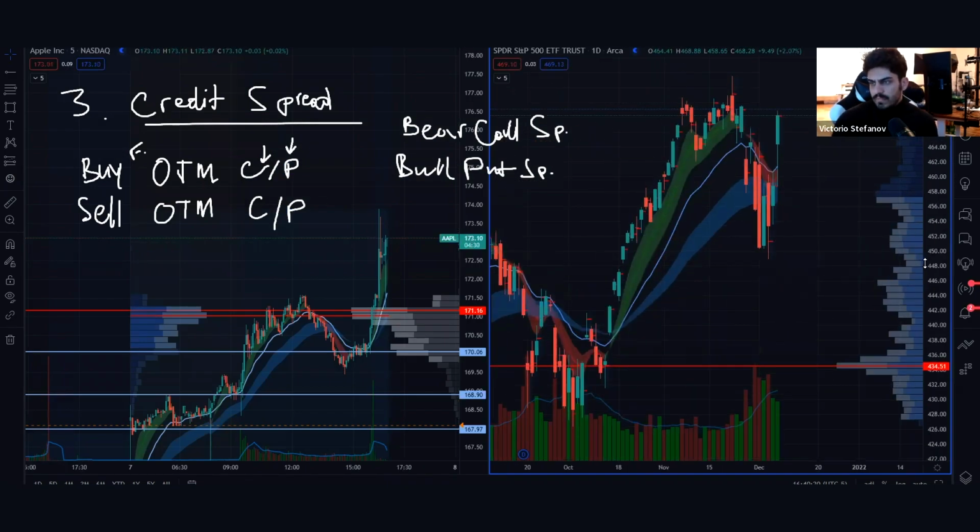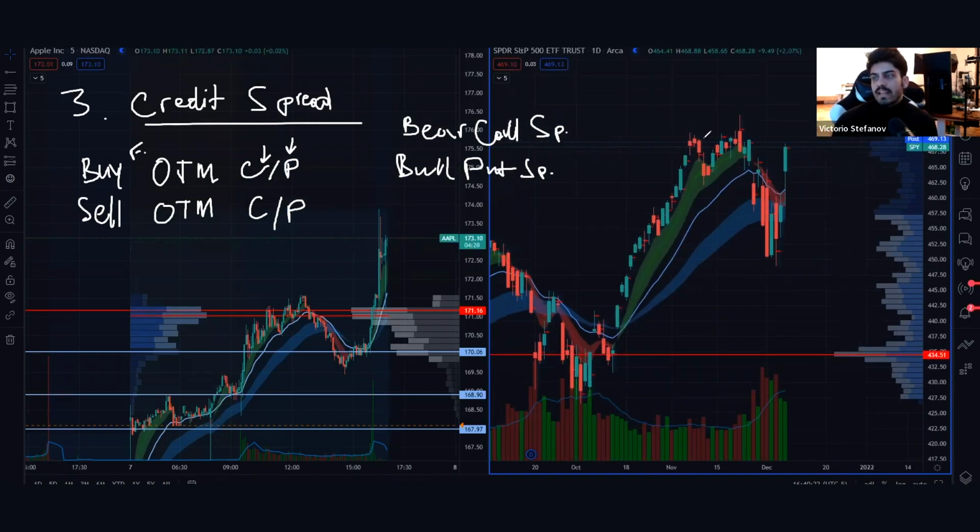So remember, if we were to sell a call, we would anticipate that the price is going to be less than whatever the strike is, let's say 473. When you sell calls, you want the price to be under the level or go down. If we buy calls down here, the 465 calls, for example, we want price to go up.